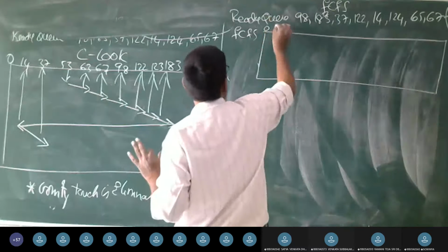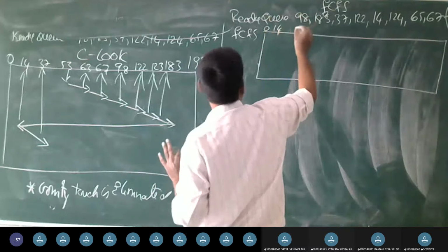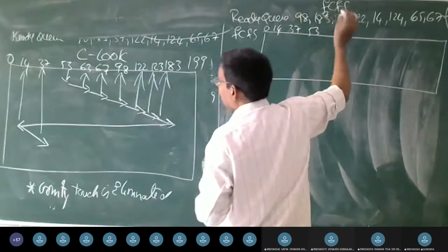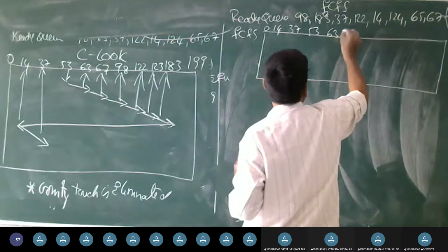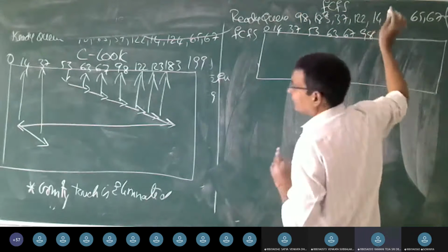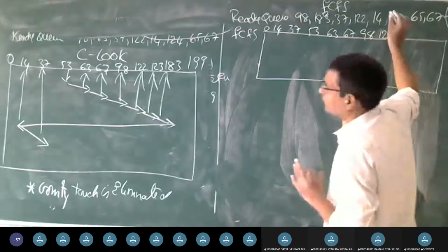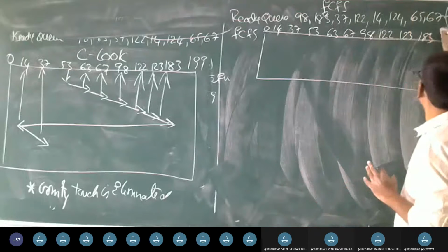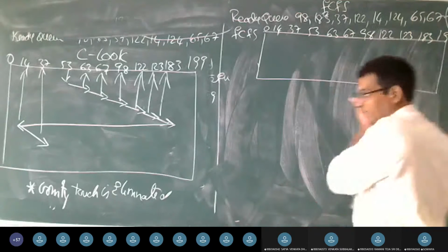That is 0, 14, followed by 37, followed by 53, 63, 67, 98, 122, 123, 183, and the upper boundary was 199.